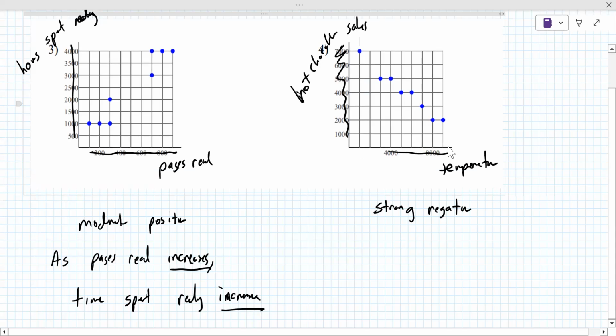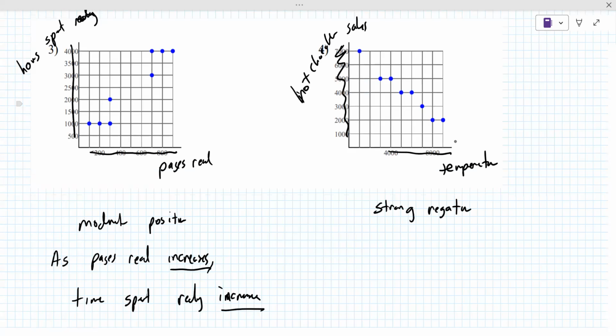But as you're going to the right, the temperature is increasing. Think that this is like 10 degrees and this is 100 degrees. So as you're going to the right, temperature is increasing. So with strong negative, as one variable increases, the other decreases.